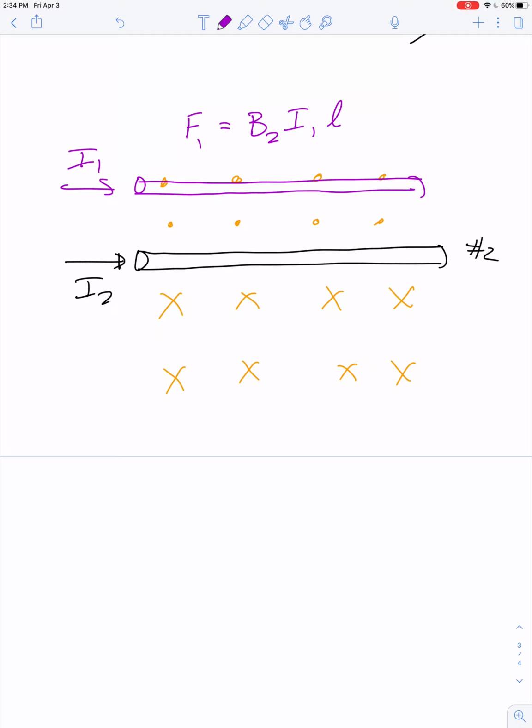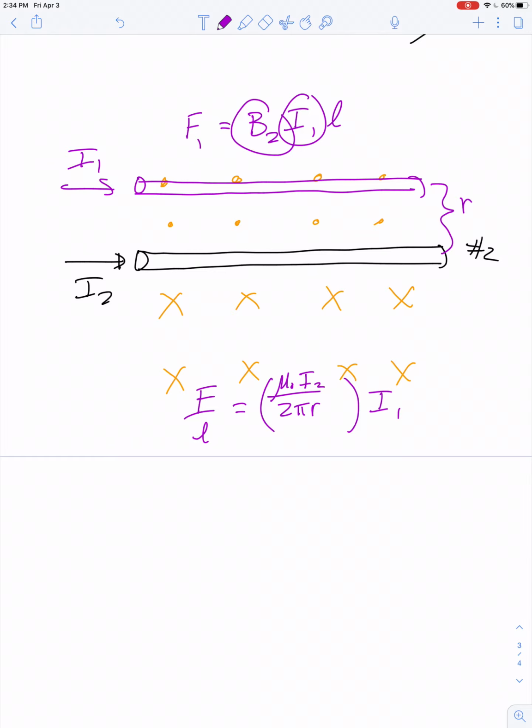So once again, we would get force per unit length is equal to the magnetic field created by wire number 2, if these wires are a distance apart labeled as r, which would be mu naught times I2 over 2 pi r, and then I have to multiply that times I1.